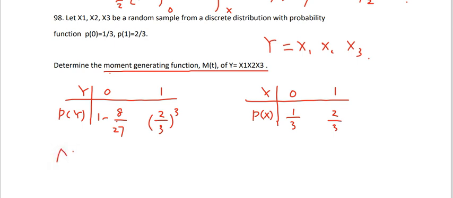The moment generating function for Y, according to the definition, equals E[e^(tY)].